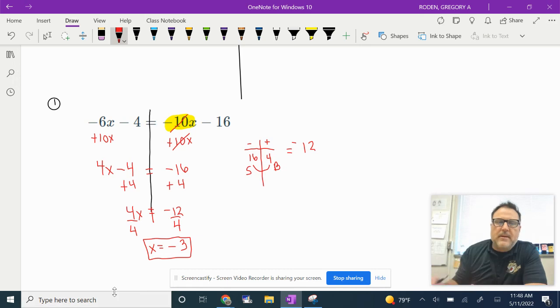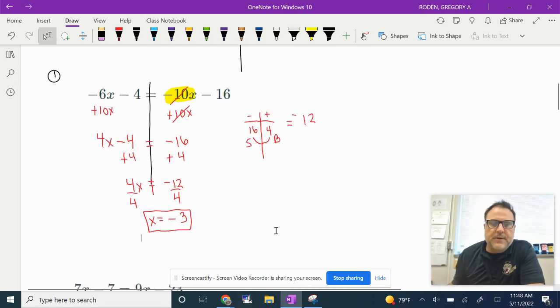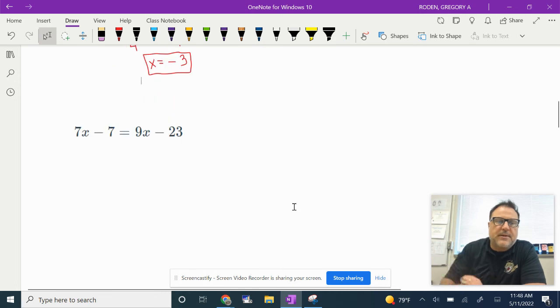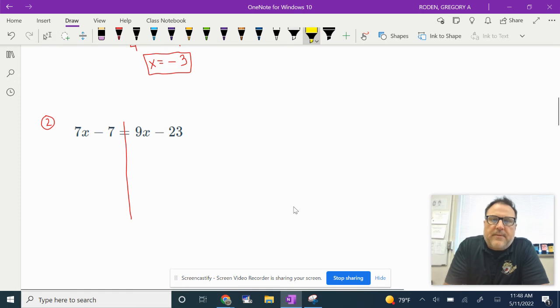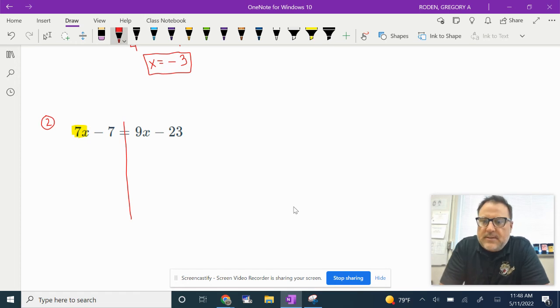Okay? All right, let's try the next one. For number 2, same kind of thing. I'll put my fairness bar, and I'm going to attack the weaker variable. Which one's weaker, 7x or 9x? Obviously 7x is less than 9x, so we're going to make it go away to 0.